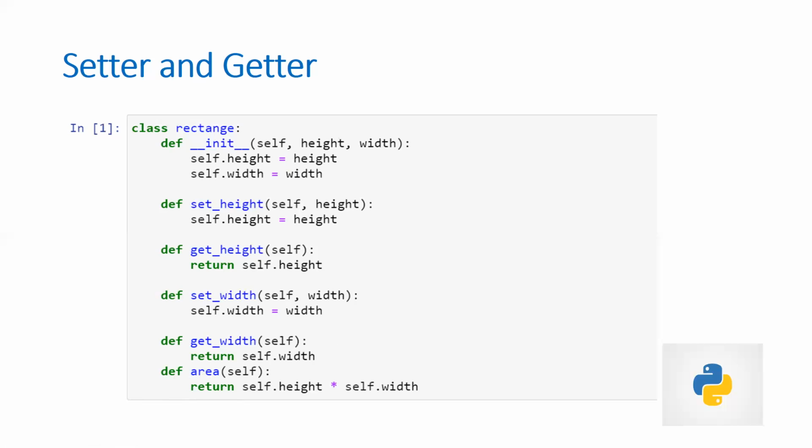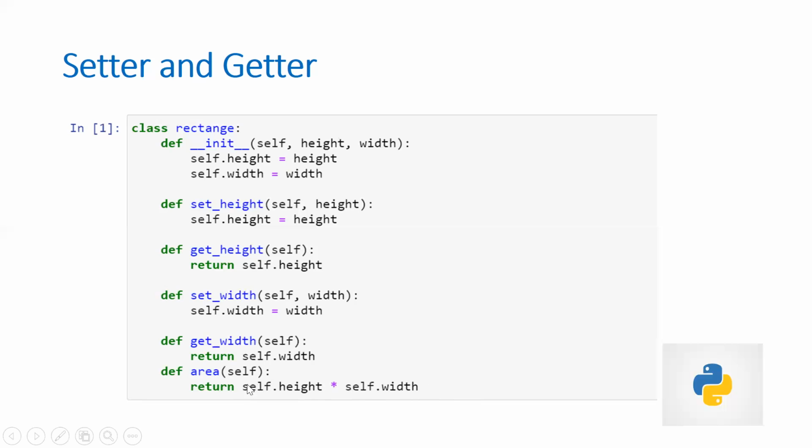I don't need to mention any extra parameters, because from the get width and get height methods we can return the values of height and width. So I write here: return self.height multiplied by self.width. It will return the area of that particular rectangle.